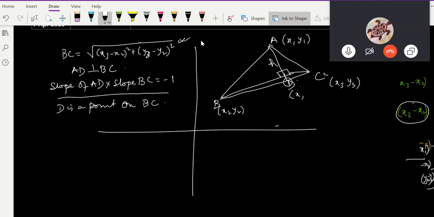D is a point on the line BC, right? So the slope of BD is equal to slope of BC, right?